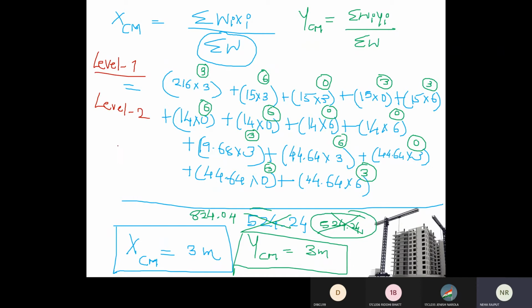So for each and every floor you are going to find the center of mass value, and for the regular building and for the same height of building you will get the center of mass for each and every floor remains same, unless your geometrical figure or size, or you can say plan dimension for other floor is different, then the center of mass will change. Otherwise for each and every floor the center of mass value will remain same, right?